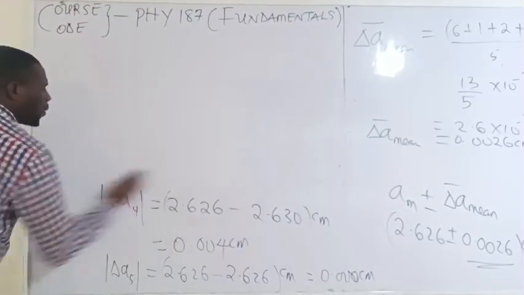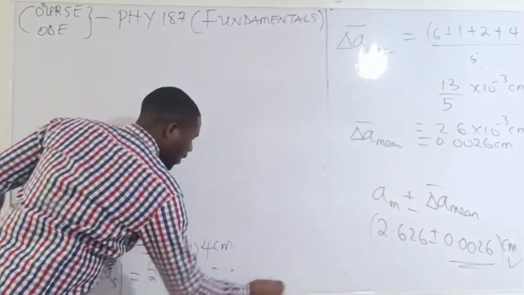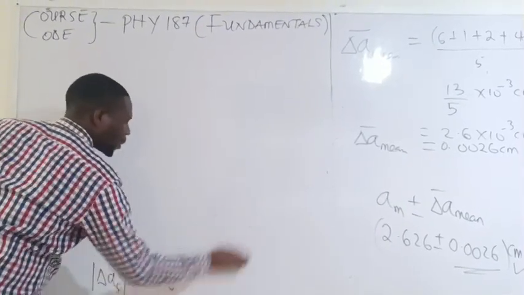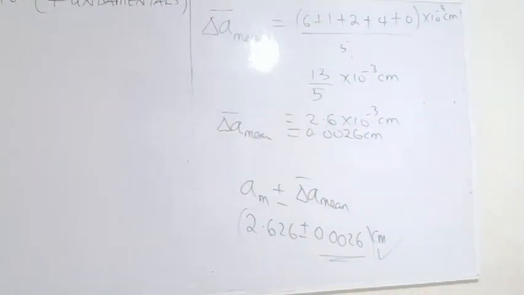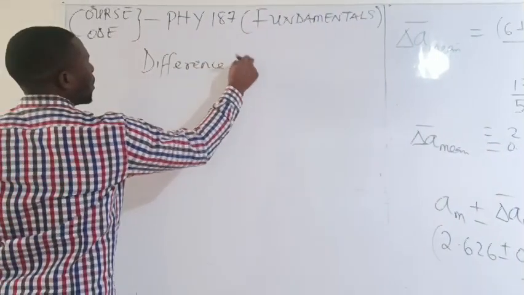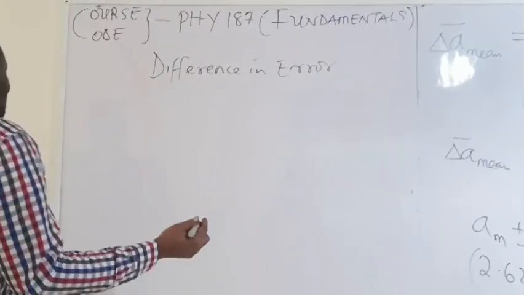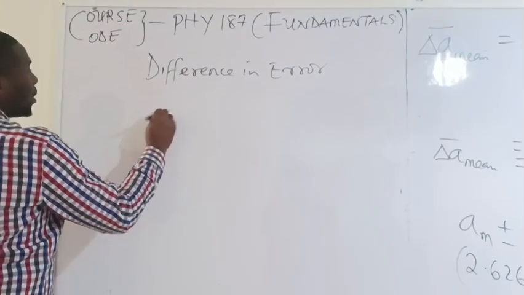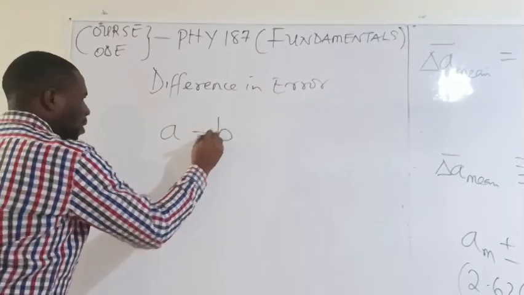if you recall from the previous video, we talked about errors in sum of measured values with their errors. And of course, now let's look at the difference in error. So, difference in errors of measured values. Let's take for instance the difference: a measured quantity minus another measured quantity.